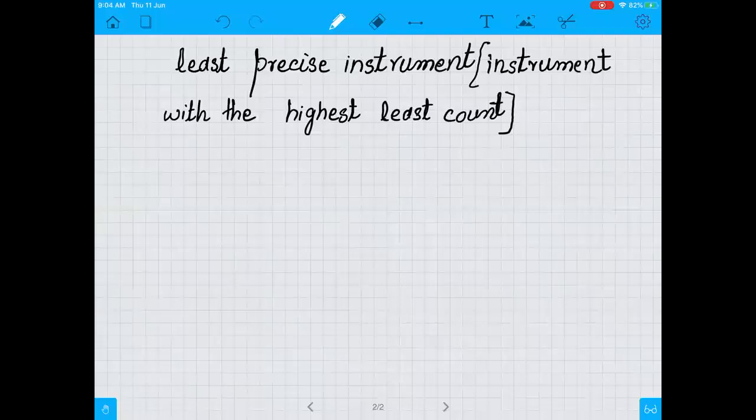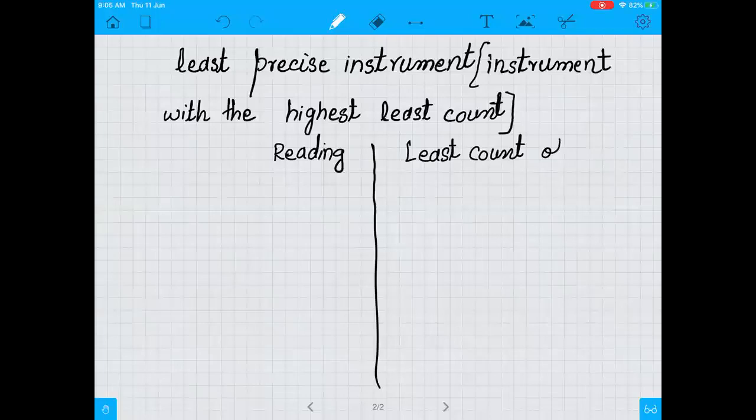We write some readings and their least counts. Let's suppose readings, and then the least count of the instrument. For the given readings, we have to see what the least counts of the instruments are.